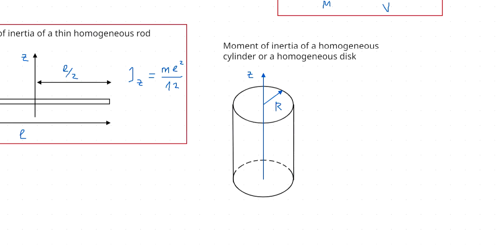So in this case, I will show this formula without proof. This will be I z is equal to m r to the power of 2 divided by 2. Okay, so do you have any questions about this?